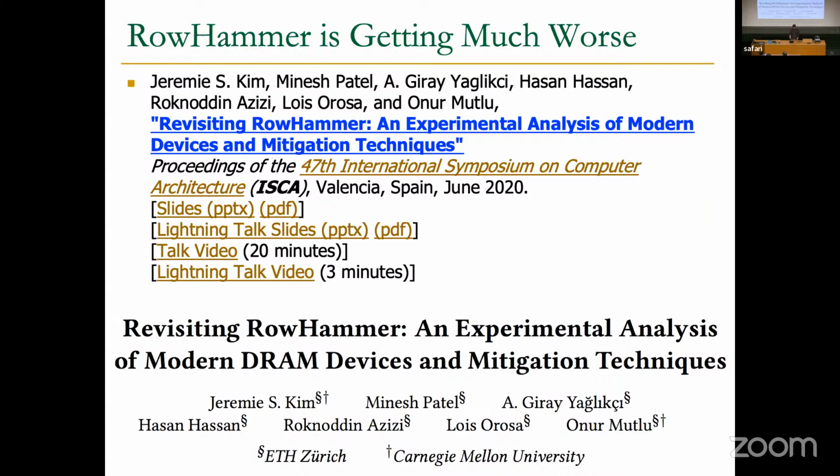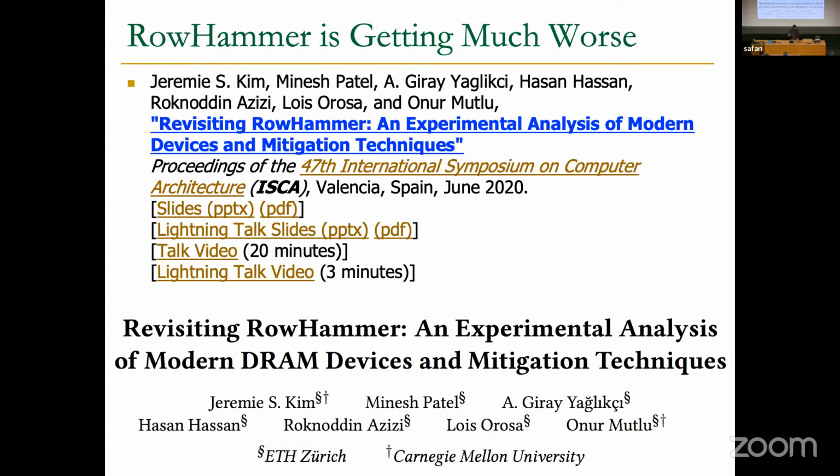We have the emergence of mobile devices, so LPDDRX devices, which also became very important. And along with all of these is the continuous scale down of the DRAM technology node. That's how the industry can pack more and more bits in roughly the same size of small chip.